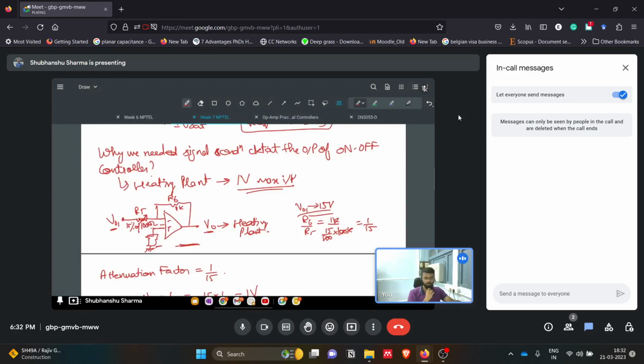That voltage cannot be directly given to the heating plant circuit, since its maximum voltage is 1 volt. So based on that we use the signal conditioning circuit. Based on your heating plant circuit requirements, we can develop our own signal conditioning circuits as well. It depends completely on your requirements for your heating plant circuit.